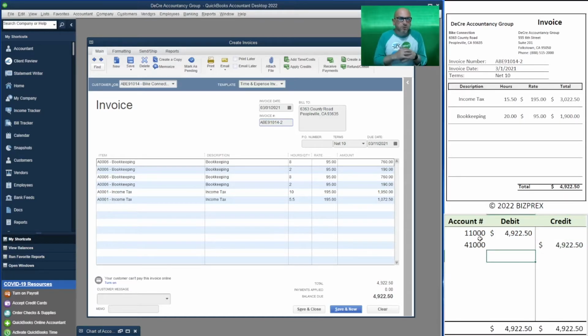And we could essentially dissect them as well, right? So all the bookkeeping ones, they become credits to our bookkeeping services income 41,200. And then all the income tax, these two line items, they become credits to our tax preparation services income, which is 41,500. Okay.